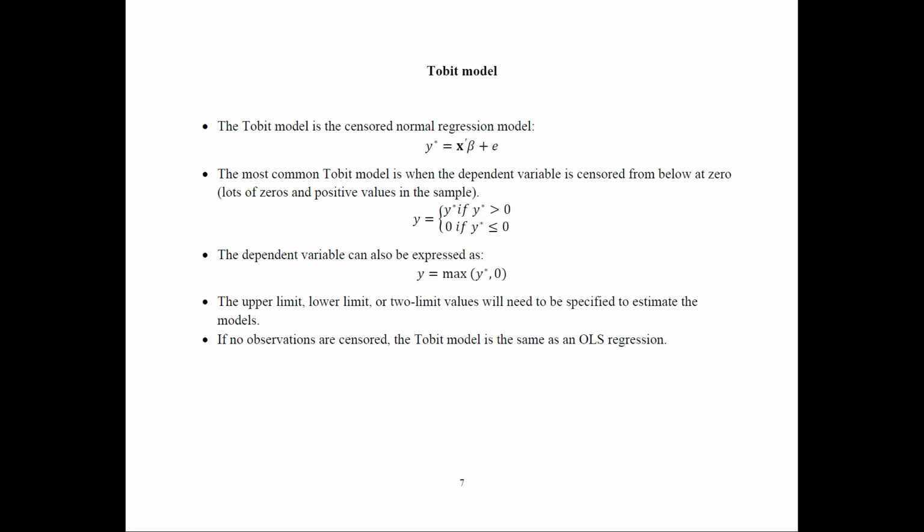But you have to make sure that the limit observations are in the data, because if it's theoretically possible to hit that limit, but you don't have any observations in the sample, that will be exactly the same as the OLS regression model, and there is no need to use the Tobit model. So again, unless you have clustering of a lot of zeros or upper limit observations, only in this case you use the Tobit model.